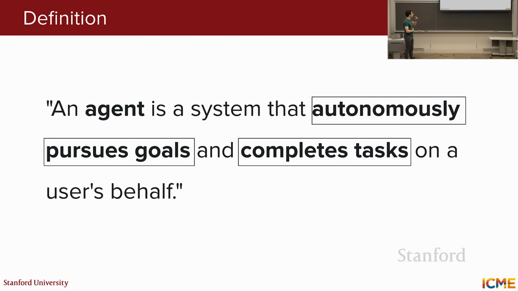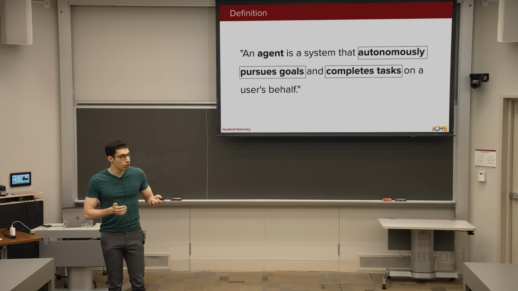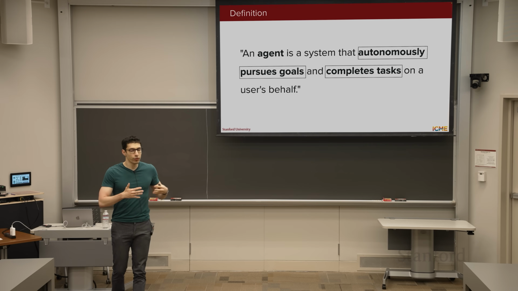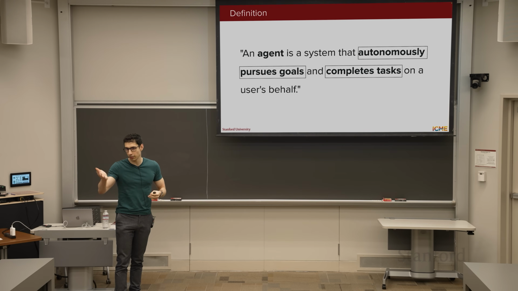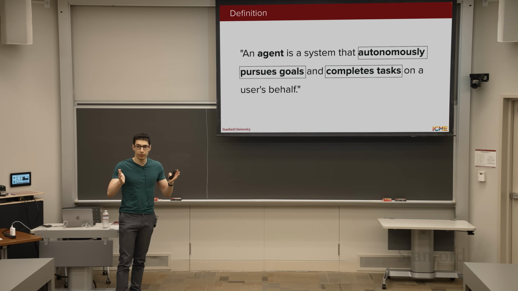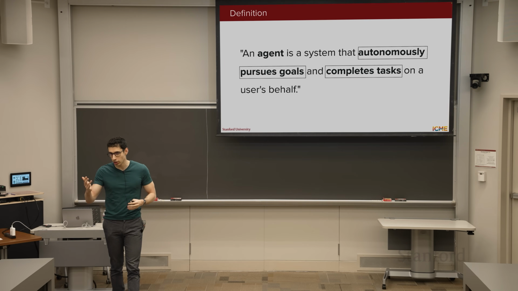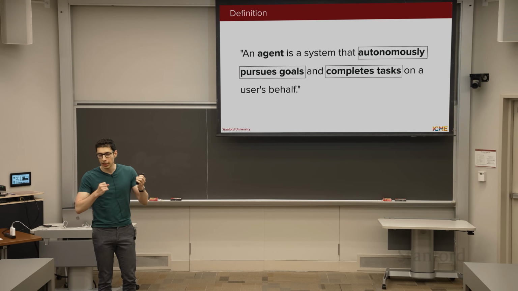It's a system that autonomously pursues goals and completes tasks on a user's behalf. So compared to tools, you not only can perform tasks, but you also have some reasoning involved. You could have multiple loops of iterations, and this is what differentiates an agent from a tool in plain terms.